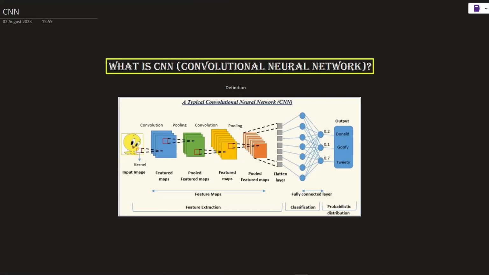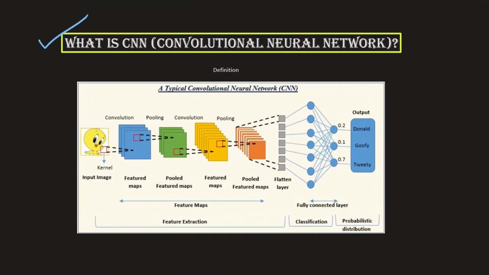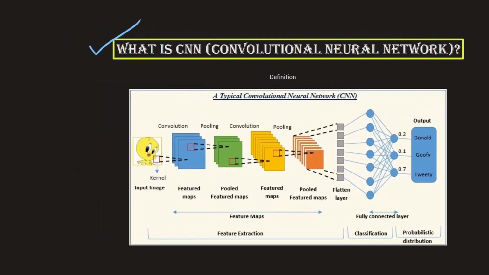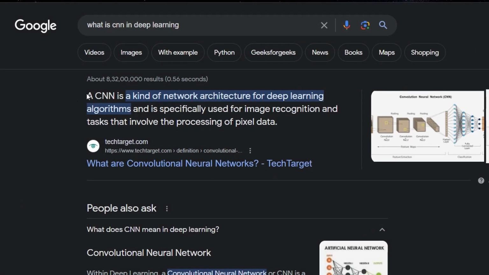So let's get started with the first question: what is CNN, or convolutional neural network? If you do a simple Google search, it will tell you that CNN is a kind of network architecture for deep learning algorithms, which is specifically used for image recognition and tasks that involve the processing of pixel data. In simple words, when you have images as input, you will need a special type of architecture.